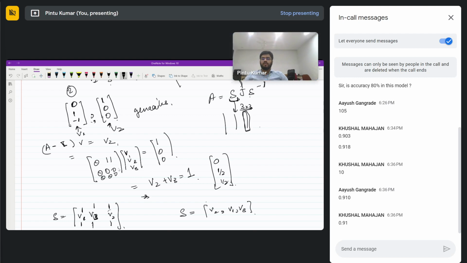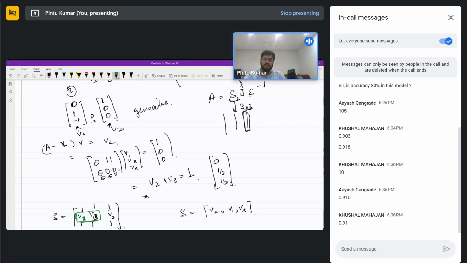Sir, in the last case, how do we decide which Jordan block we have to take? So here, you see V3 is a generalized eigenvector corresponding to V1. So whenever we write our matrix S, these things will come together. So V1 and V3 will combine to form a two block, because V1 is an eigenvector and V3 is a generalized eigenvector.